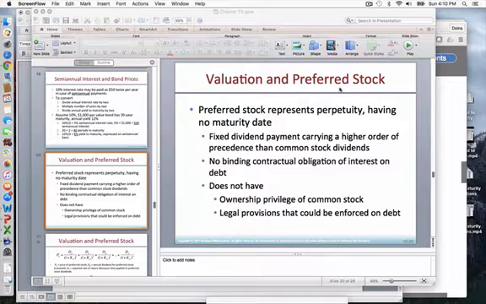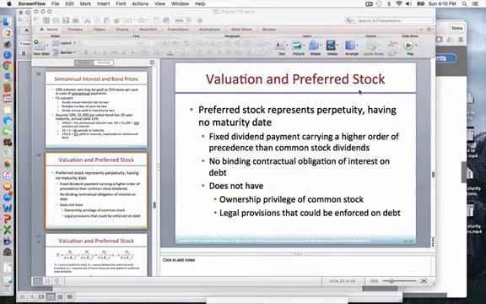So when it comes to calculating the price of this preferred stock, we have to calculate the present value of all future dividends. The problem is that we don't know when it ends, because even if you sell this stock, somebody else owns it, it's not going away.